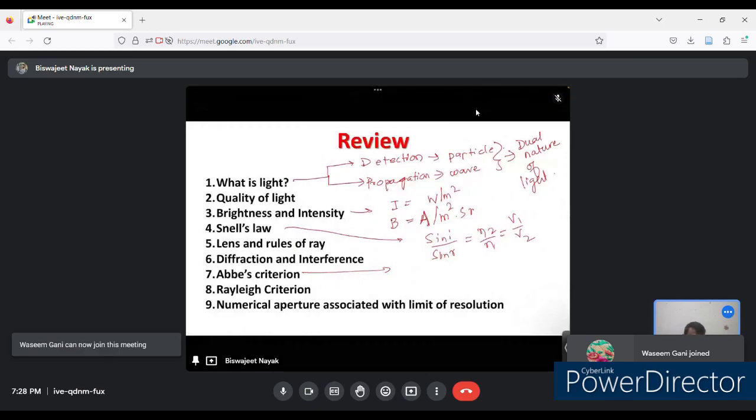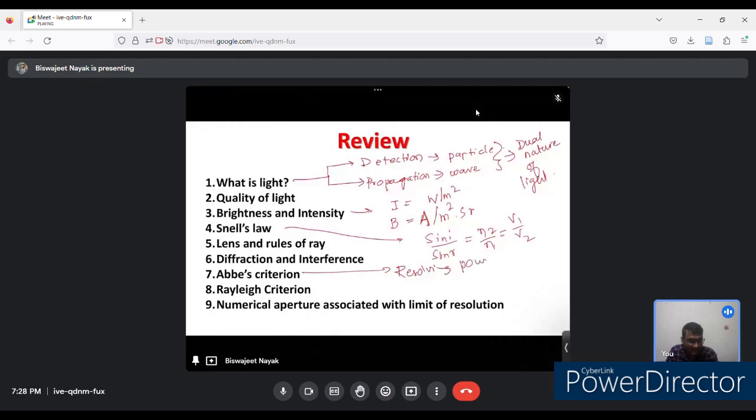From this Abbe criterion, it is possible to get the resolving power, which is given as lambda by 2n, where n is the numerical aperture and lambda is the wavelength. And then he explained the Rayleigh criterion, where, as we know, for our eye to distinguish 2 points, they have to be at a certain distance.